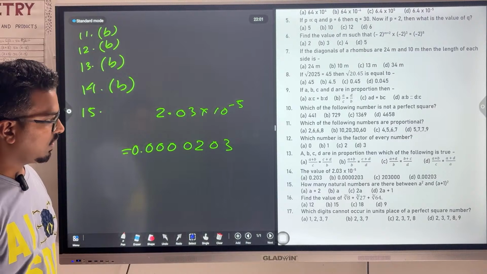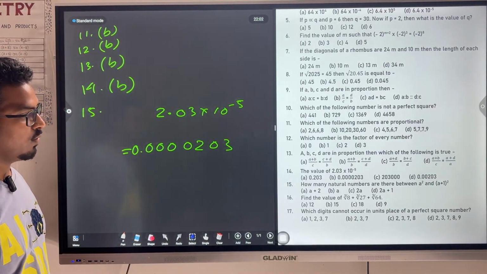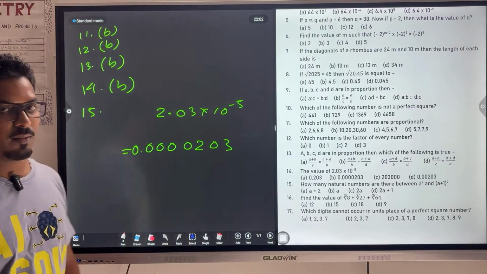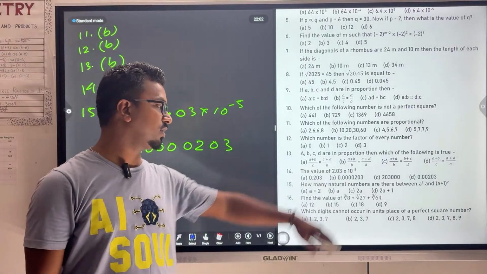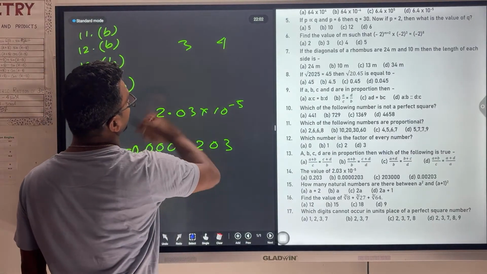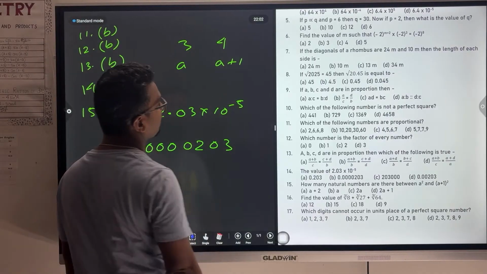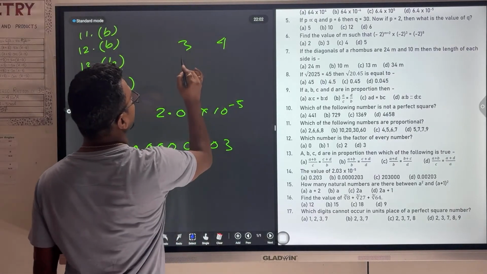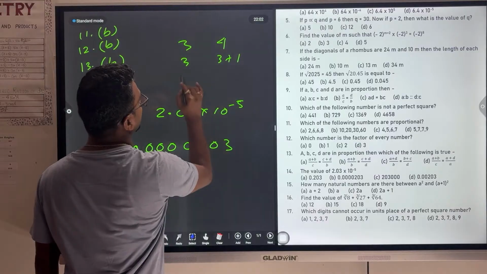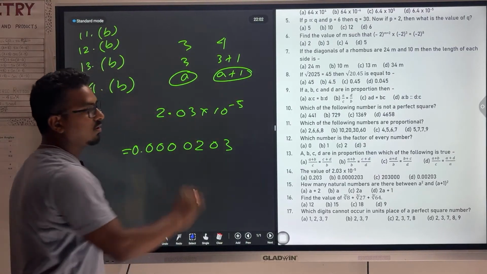Question number 15. How many natural numbers are there between a square and a plus 1 whole square? Suppose 3 and 4 are consecutive numbers. Suppose a is 3, then a plus 1 is 3 plus 1, so these two are consecutive numbers.